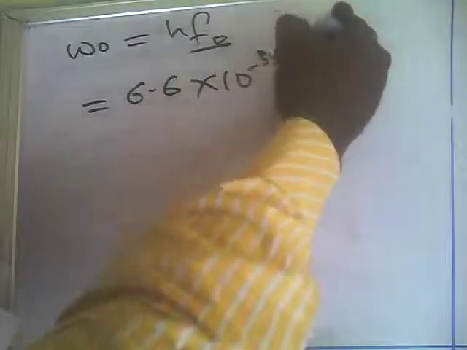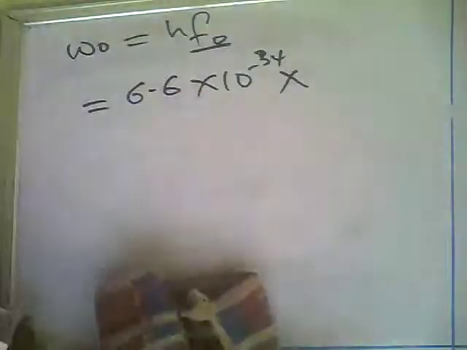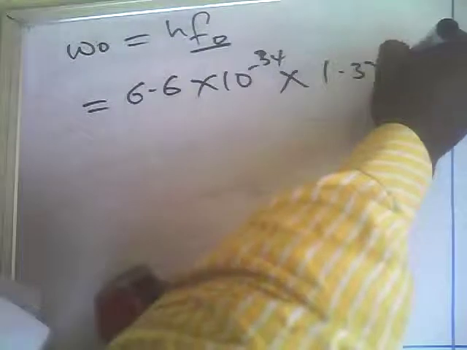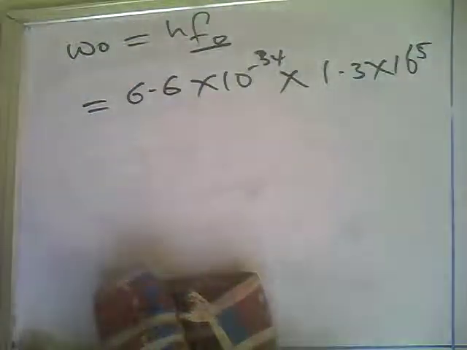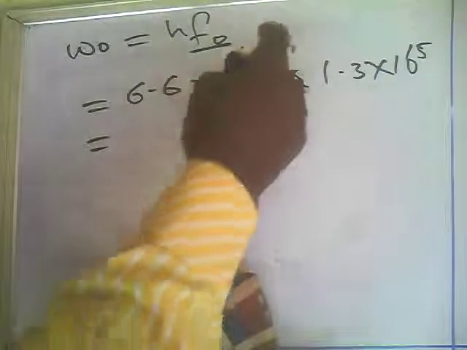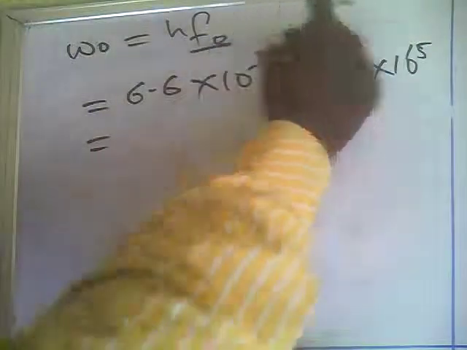Then times the threshold frequency, which is given to us as 1.3 times 10 to the power 15 hertz. If we solve this properly, we get 6.6 times 1.3, then 10 to the power minus 34 plus 15.